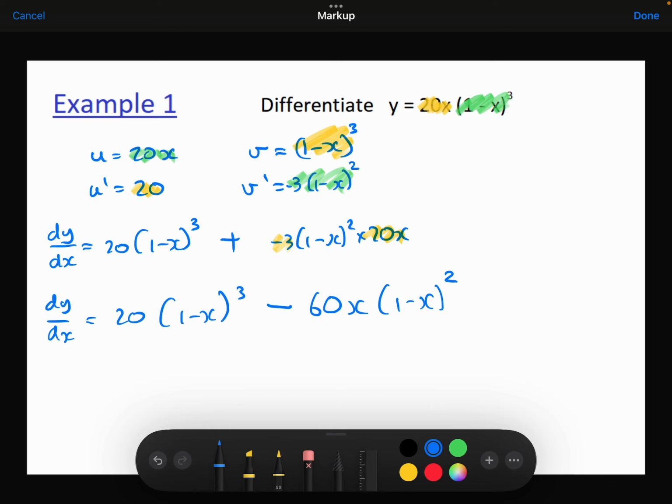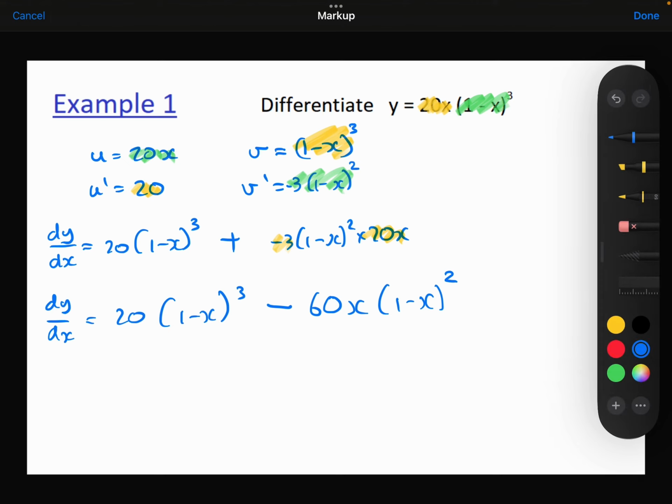And you could leave your answer like that, but that's not going to be particularly useful for following other steps. We can simplify this. And I'll give an example of why we should definitely want to simplify if we can. The way we're going to simplify this is, first of all, I noticed that there's a 1 minus x squared here, and there is a 1 minus x squared within that 1 minus x cubed there.